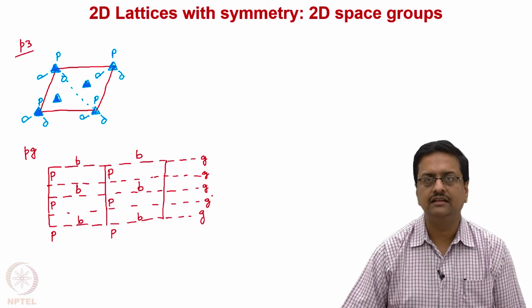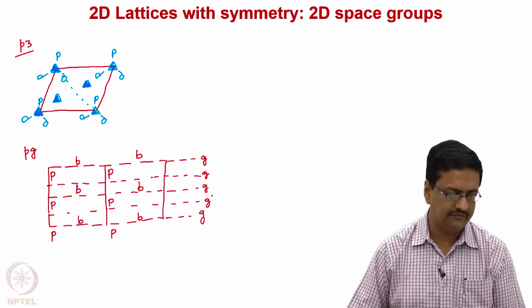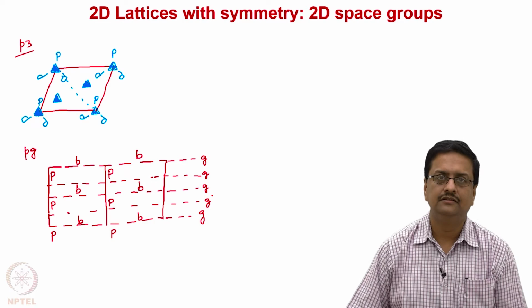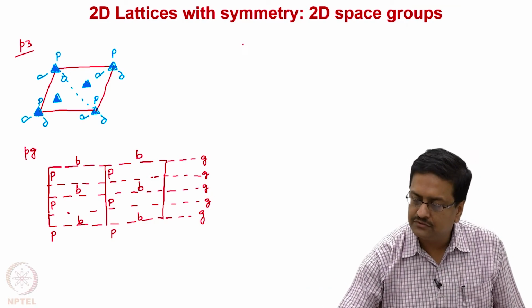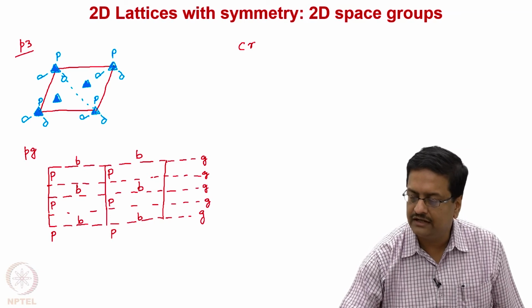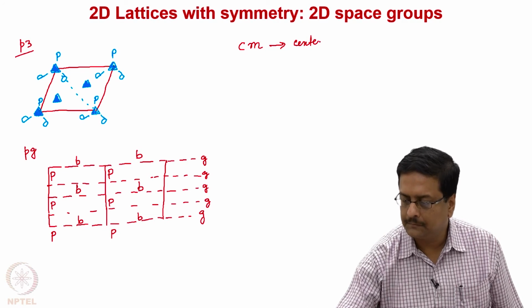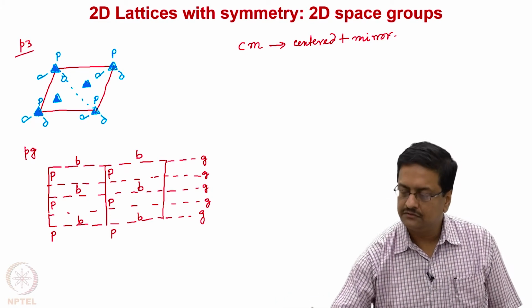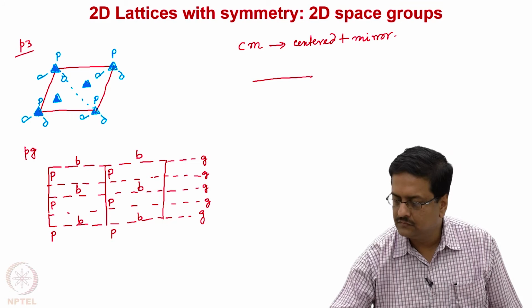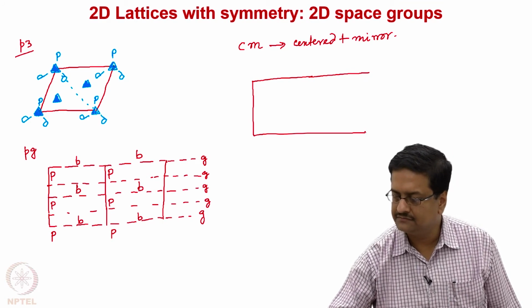Now, as I indicated, there may be a lattice where you have a C-centering, a centered lattice. So let us try to draw one of those centered lattices. When we write CM, it means it is a centered lattice plus it has a mirror. So first let us draw a simple centered lattice.